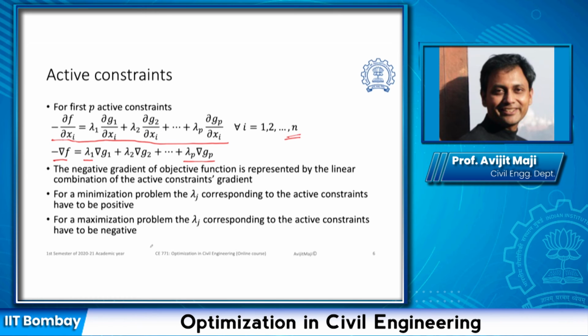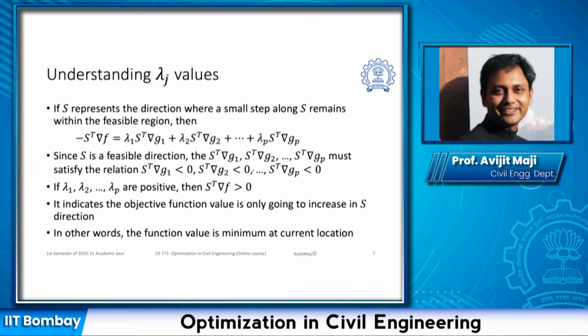Similarly, for the maximization problem, the lambda j corresponding to the active constraints are going to be negative. For this, we need to understand the lambda values in this equation. So let us look into that aspect.